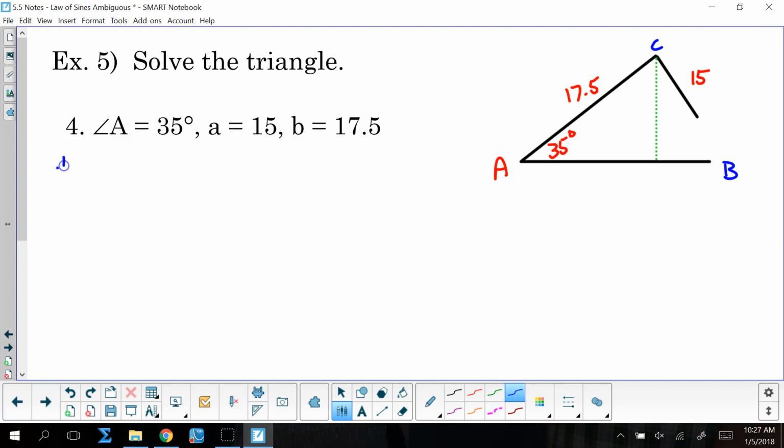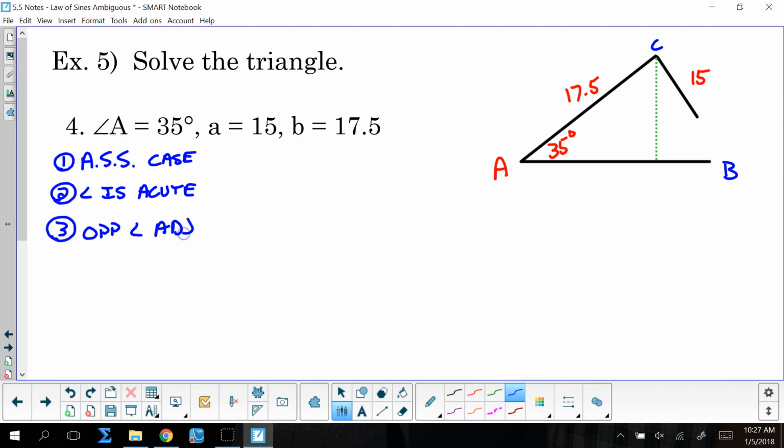Quick spot check. This is an angle-side-side case. My angle is acute, and my opposite side is shorter than my adjacent side, which means I have to go through the steps of checking my height.